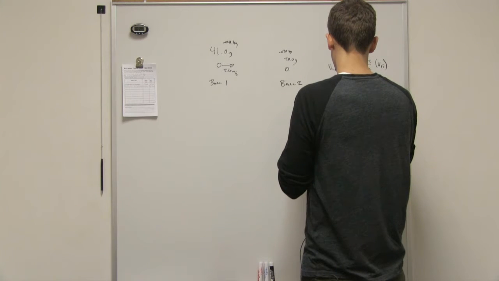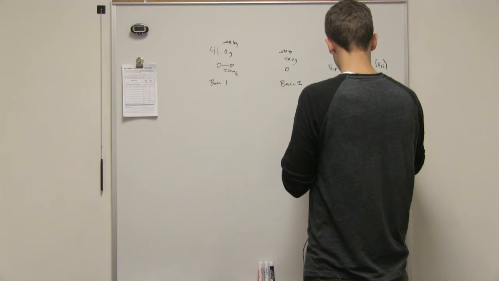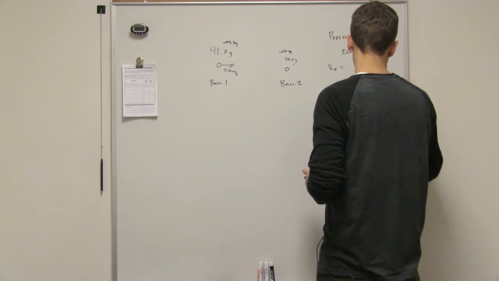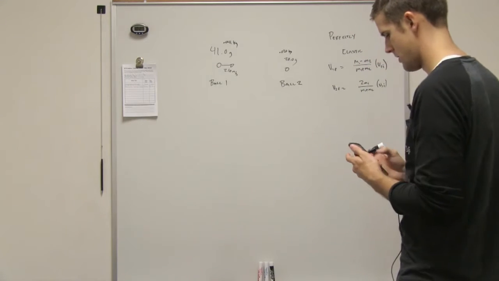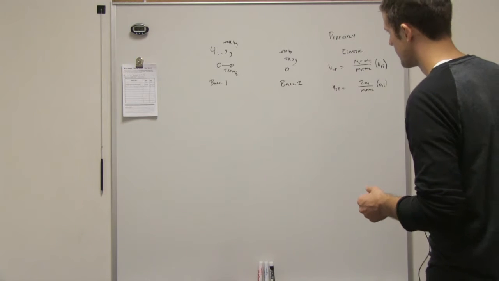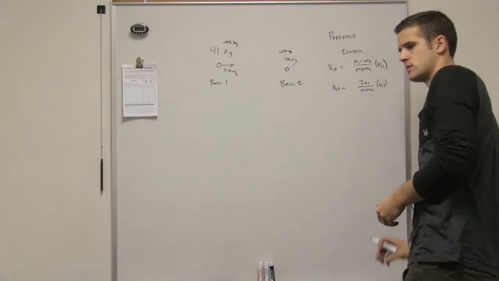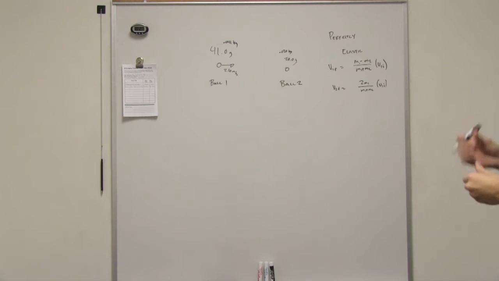And then V2 final is 2M1 all over M1 plus M2 times V1 initial. So these are good only if the first ball is moving and the second ball isn't. But that's as complex as problems get in this class.